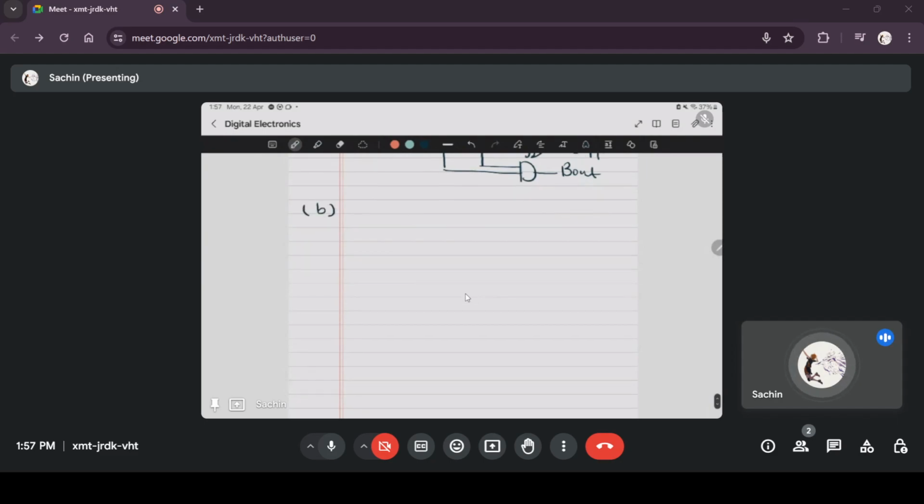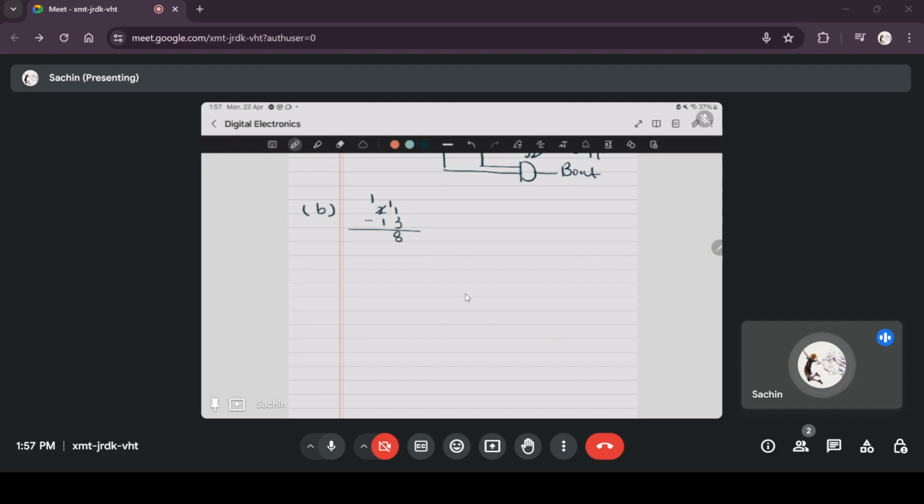A full subtractor, what does it do? It will subtract bit y from bit x, but if there is a borrow from a previous operation, suppose you have two digits, let's say in decimal subtraction, 21 minus 13, you borrow 1 from the tens place, and that will become 11. 11 minus 3 is 8.